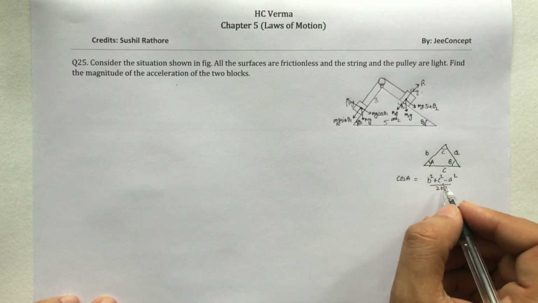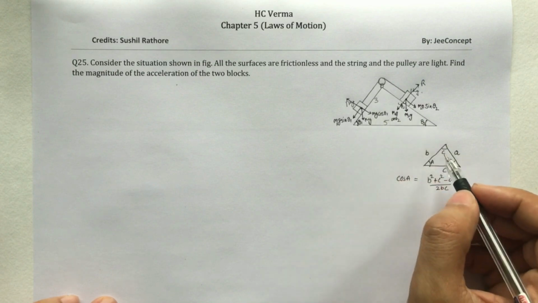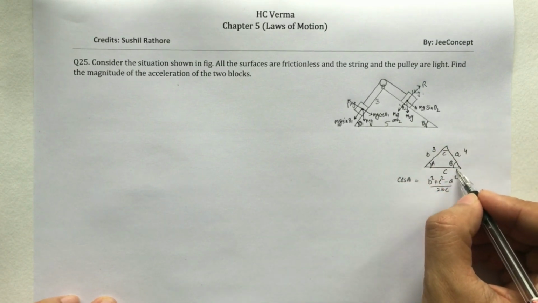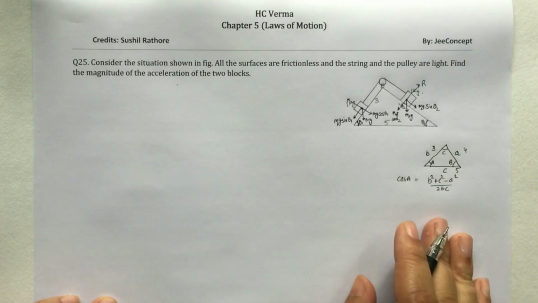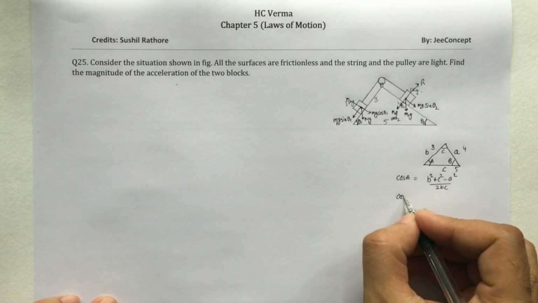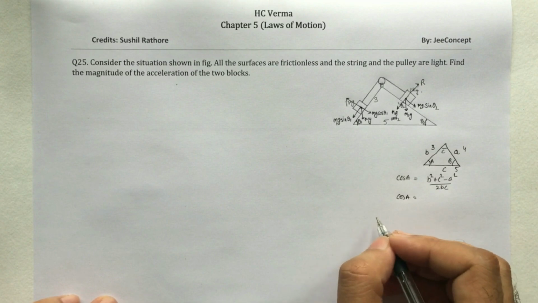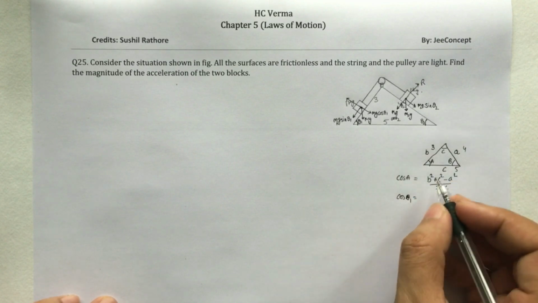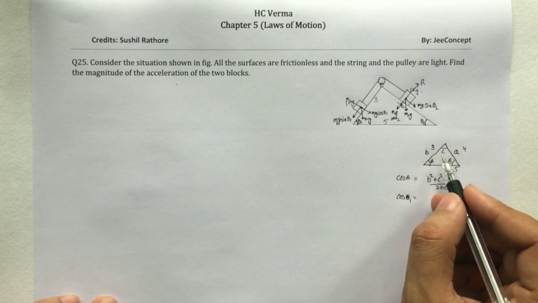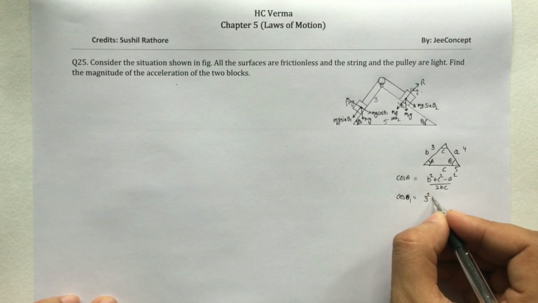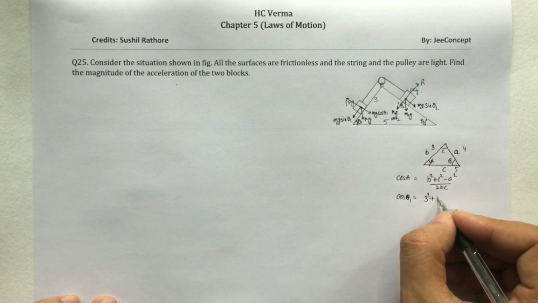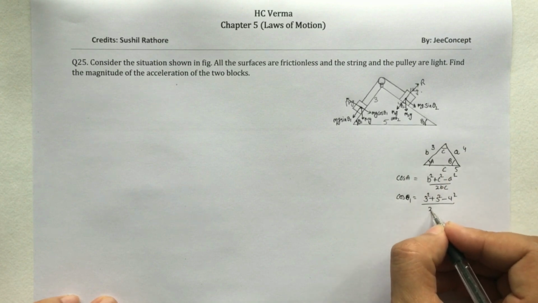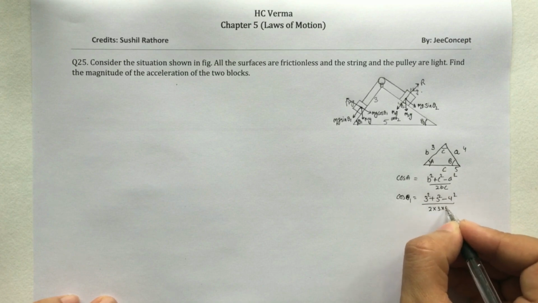Using this formula, in this triangle I have sides 3, 4 and 5. So cos A, or cos theta 1, will become B square, that is 3 square, plus C, that is 5 square, minus 4 square, upon 2 times 3 into 5.